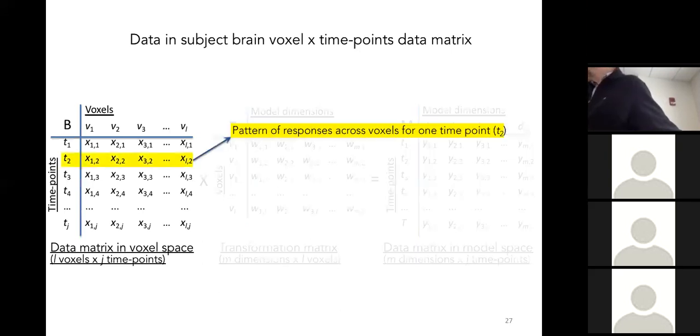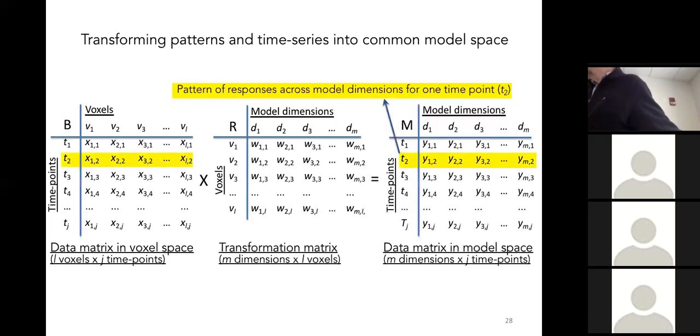So this is a pattern of responses across voxels for one time point T2, and it's projected into a pattern of responses across model dimensions for the same time point. And the purpose of this is to cluster these patterns together, or these time points together across subjects.